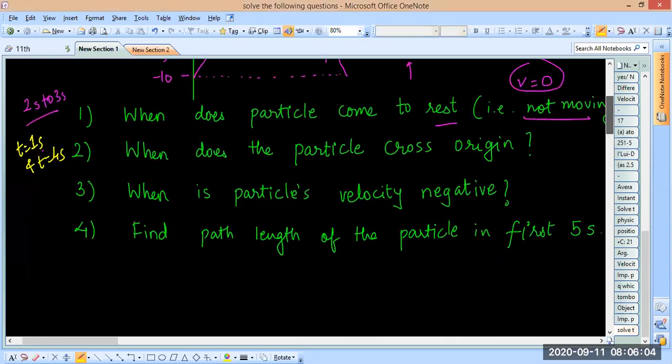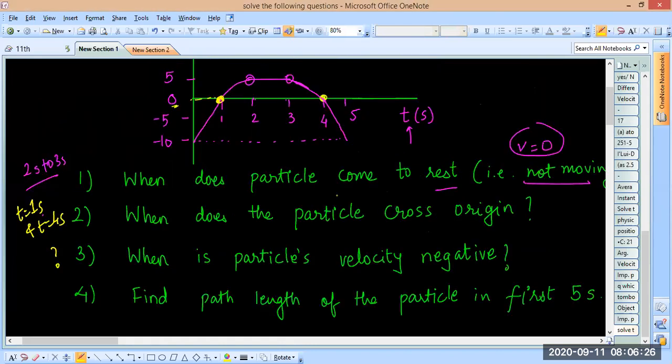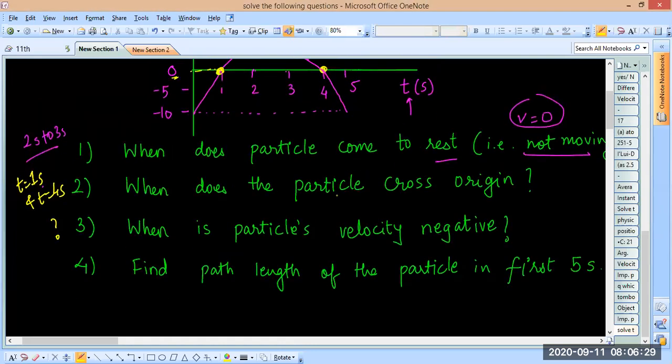Now, third question. Can you answer this? Come on, I'm waiting for your answers. Okay, many of you are saying 4-second particles velocity is negative, but only at 4 seconds, nowhere else.